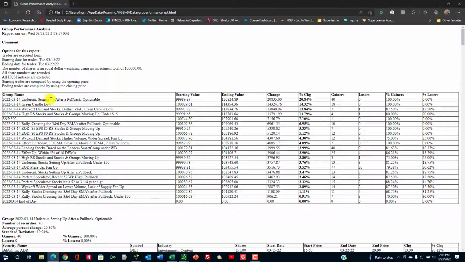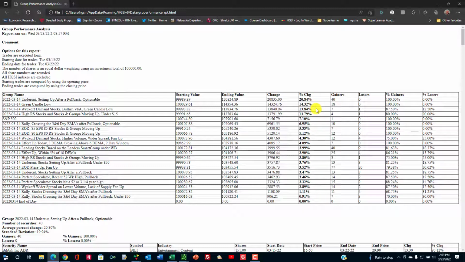You can see the undercut setting up after a pullback, optionable stocks only, and in that group there were 40 gainers, 0 losers. The next one is green candle low, 18 gainers, 0 losers. I didn't talk about the percentage yet, but 20.84% on this group, 14.32 on this one.